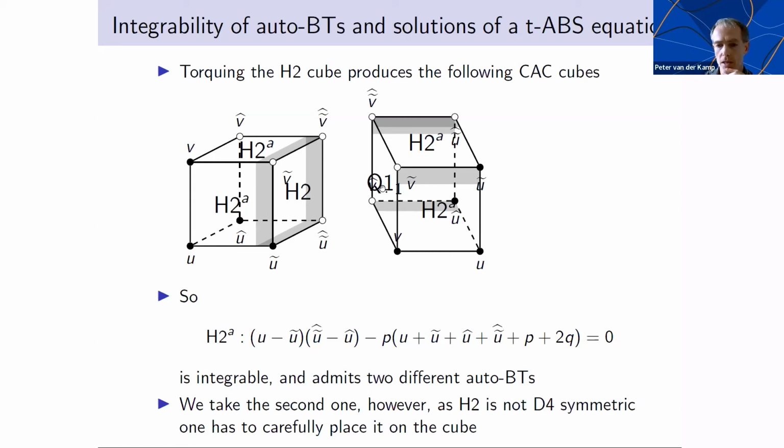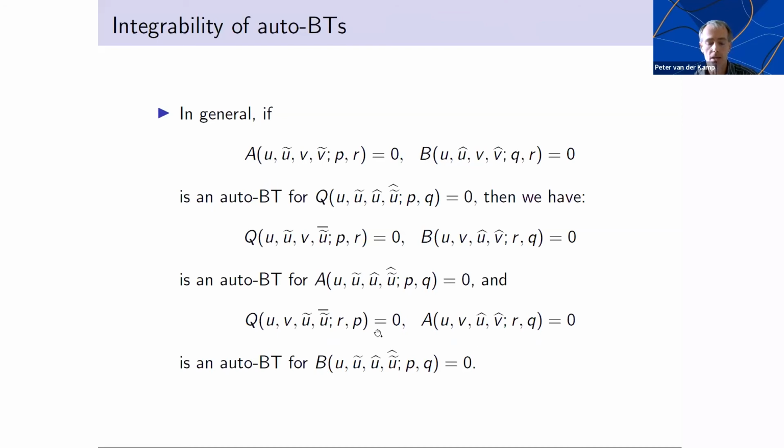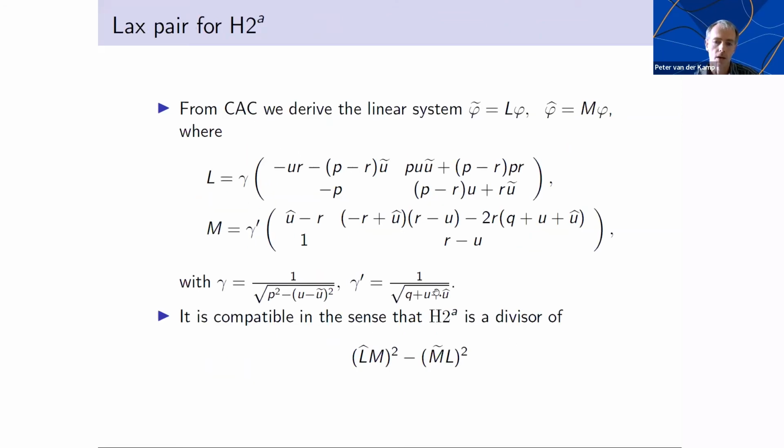And you can use this cube and rotate it a little bit, and you have to be careful. But every Backlund transformation is an integrable equation itself, and every Backlund transformation has a Backlund transformation itself. And you can use that to generate solutions. You can use it to calculate a Lax pair. So this is the Lax pair for this torqued version of H2.